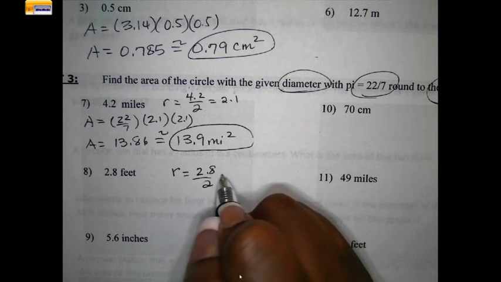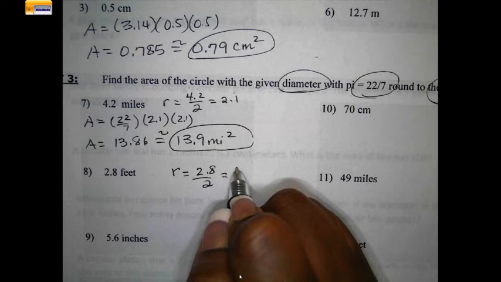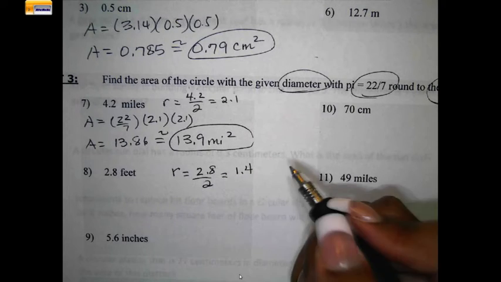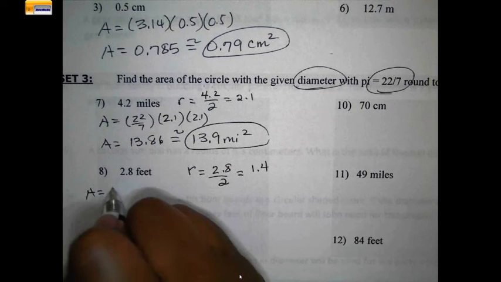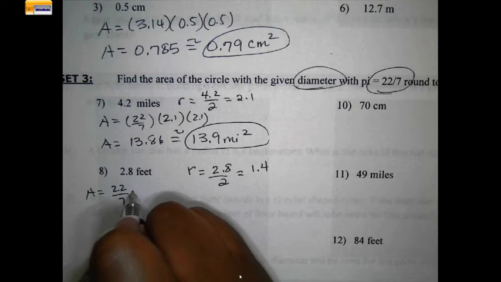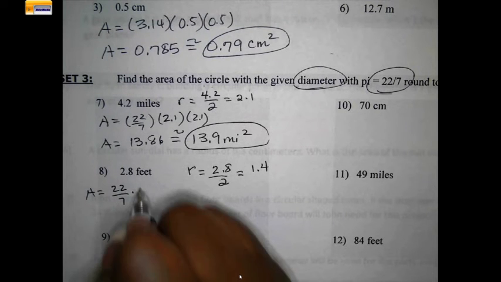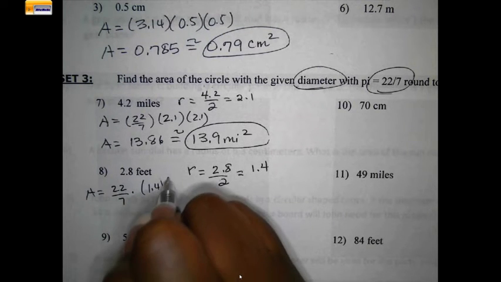So on number 8, I'm going to get 1.4 for my radius. So the area here is going to be 22 over 7 times 1.4 times 1.4.